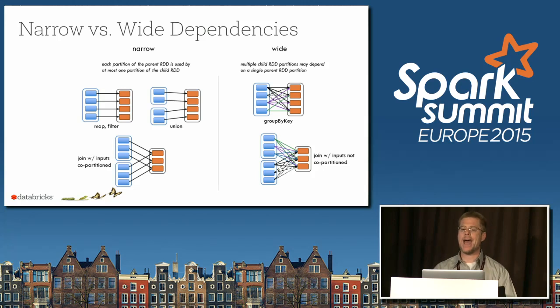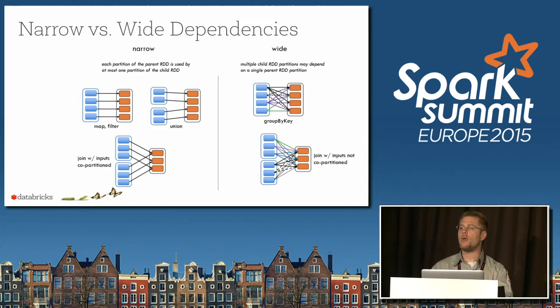So to understand how Spark breaks jobs down into stages and tasks, we need to understand a little bit more about transformations. So we said at a high level, a transformation is anything that takes an RDD and produces another RDD. But within transformations, we think of them as being in two groups, narrow versus wide transformations. So a narrow transformation is the kind that we described when we looked at filter, the kind where each partition of the parent only goes to one partition of the output.